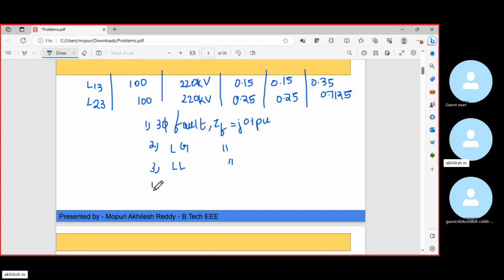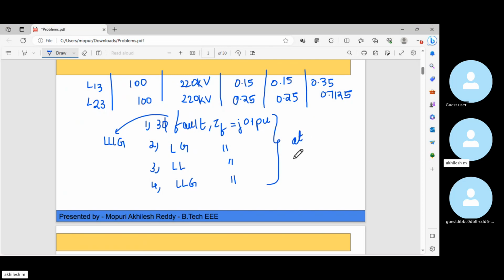And then the fourth subdivision, let us consider a double line to ground fault, LLG fault, again with the same ZF value. All these four are at bus bar 3.